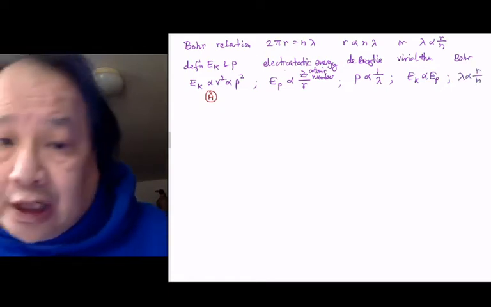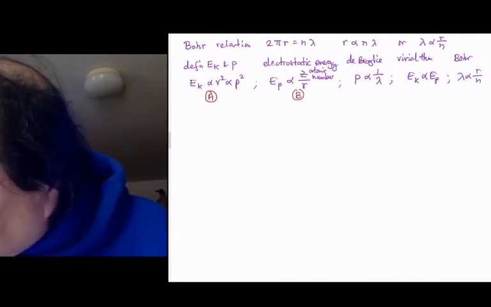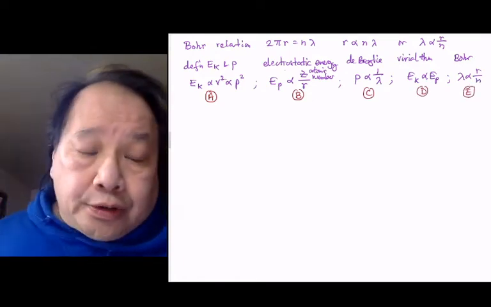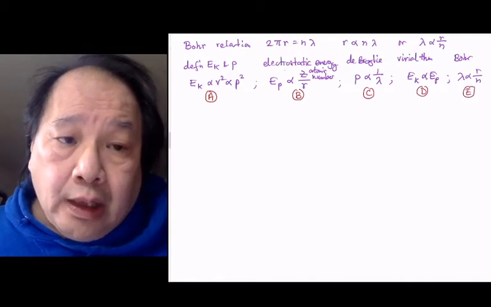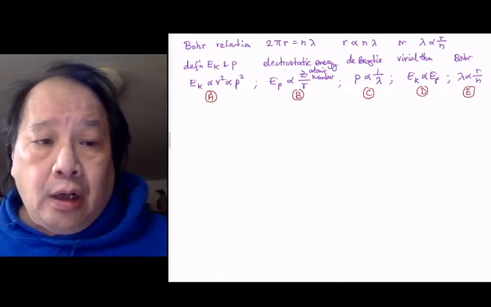And I'm giving you all these names because I'll be asking you questions in chat, and the answers will be A, B, C, D, or E. And Bohr will put together these 5 relations, and you'll figure out what factors R depends on.